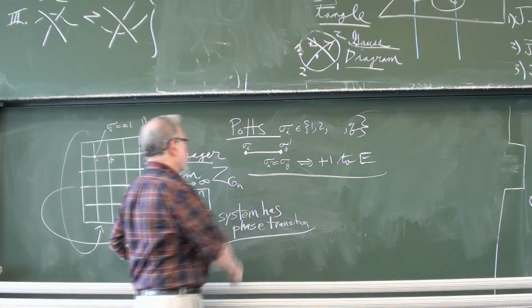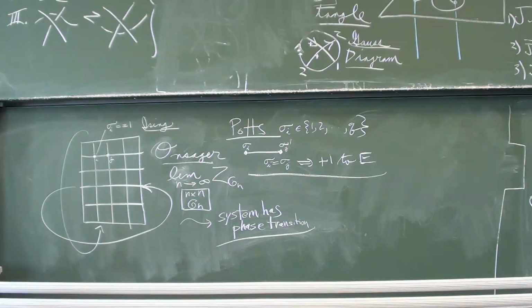All right, so you just count how many times there are coincidences, and that's the energy, just the number of coincidences. And then that's the partition function. And it's on an arbitrary graph instead of just a rectangular graph. That seemed the natural generalization.